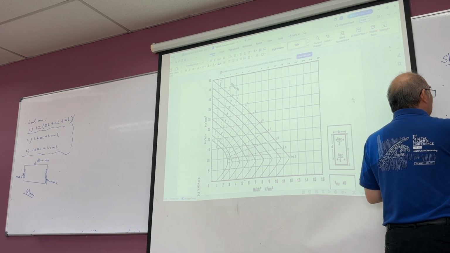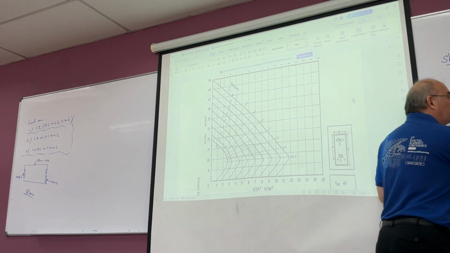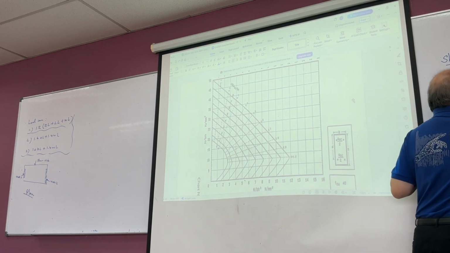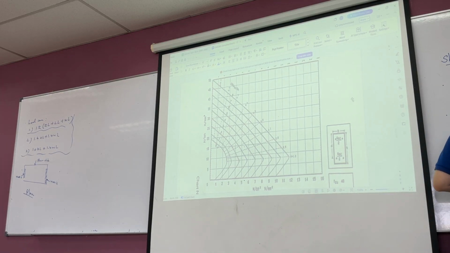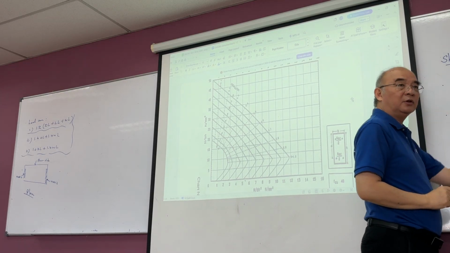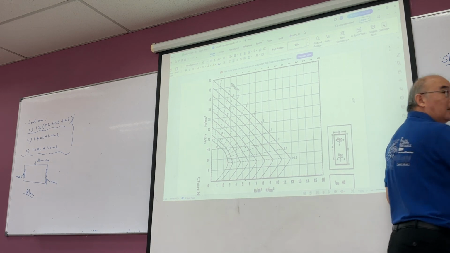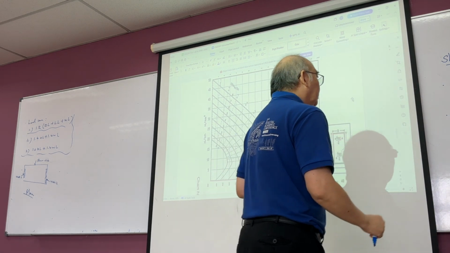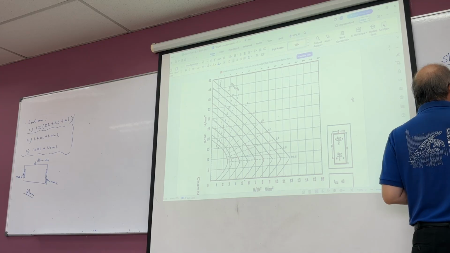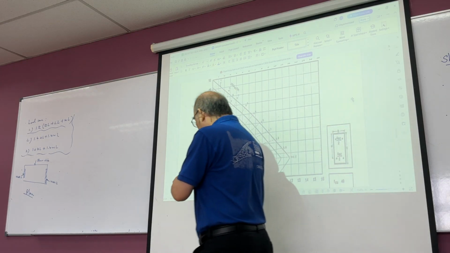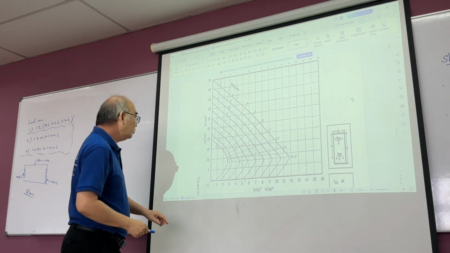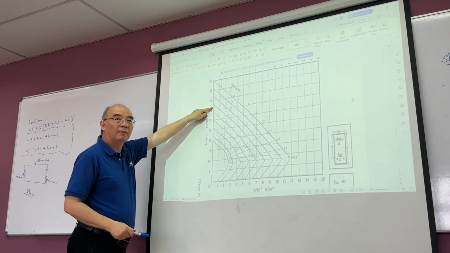Axial stress is just the force divided by the area. Understand? The force divided by area. The bending stress is M over BH squared. Okay? This is the bending stress. This is axial stress.